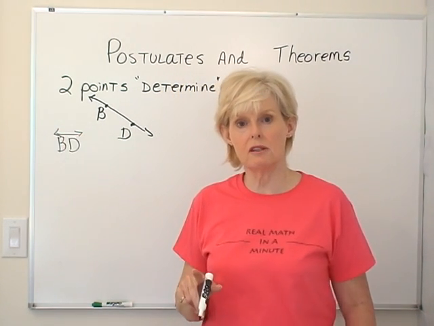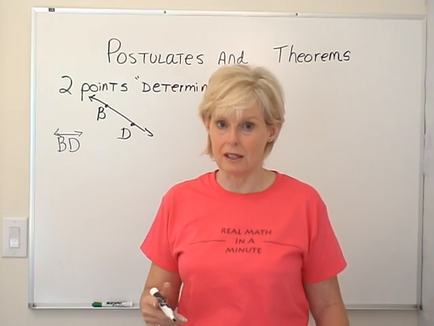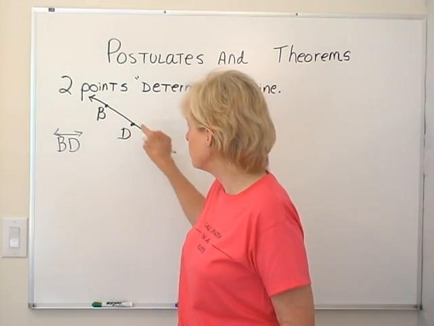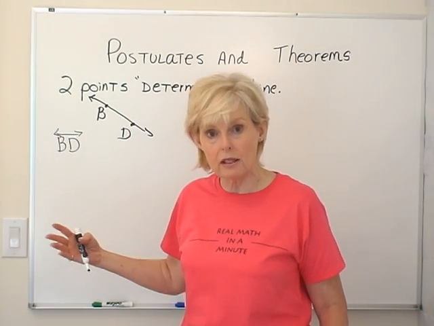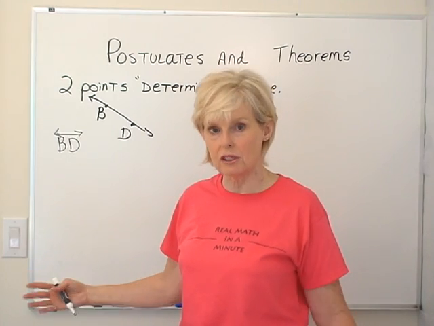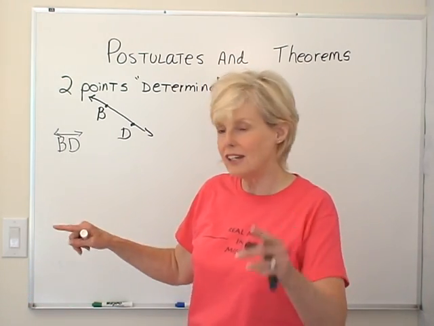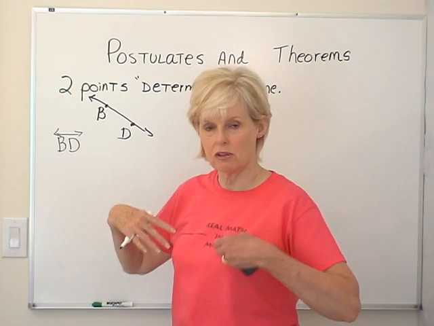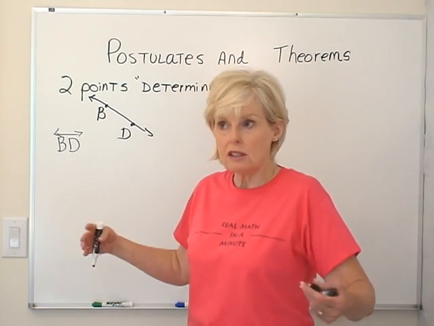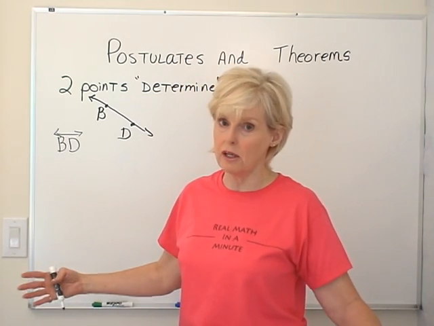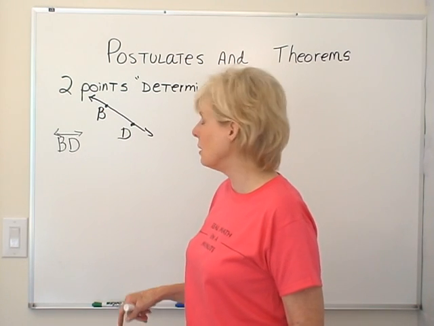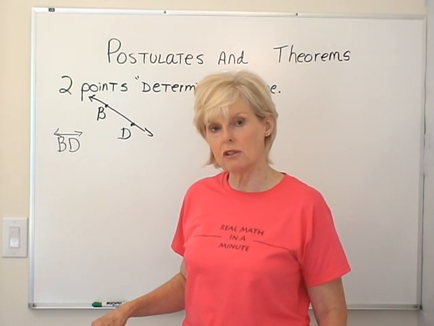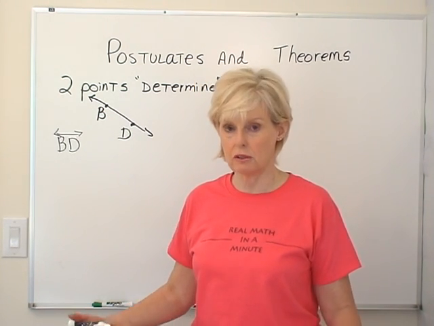Now it doesn't mean that those are the only 2 points on the line, because you know that the line is full of points. It is actually made of thousands and millions and infinitely many points. It just says if you only have 2 that are given to you, then anytime you have 2 points anywhere, then you can draw a line between them because every 2 points determine a line.